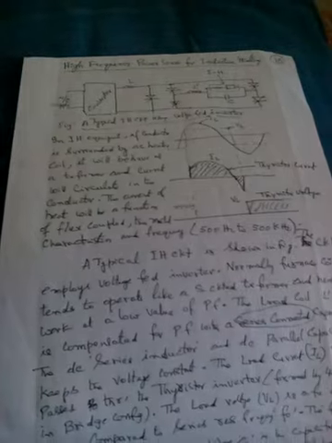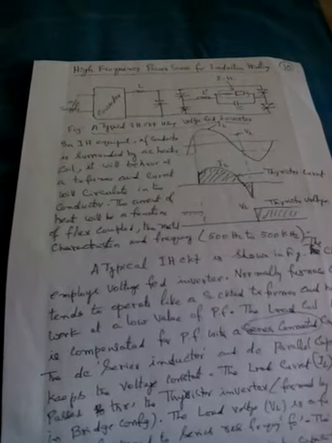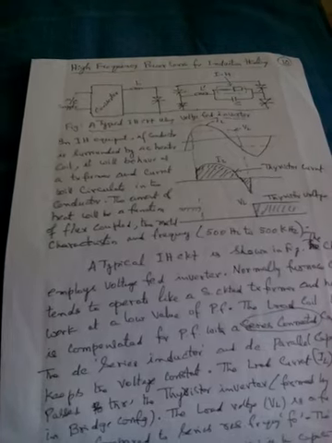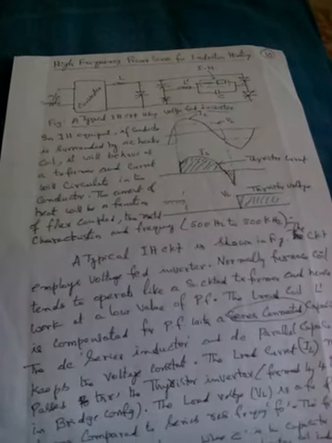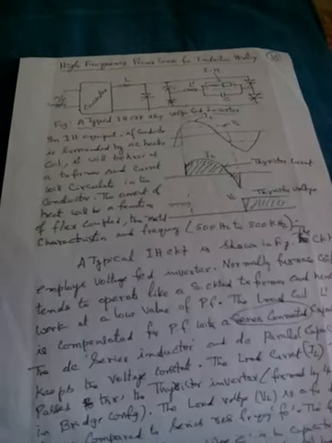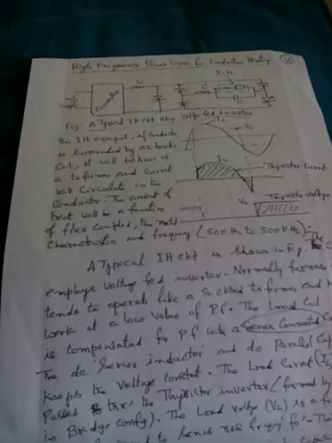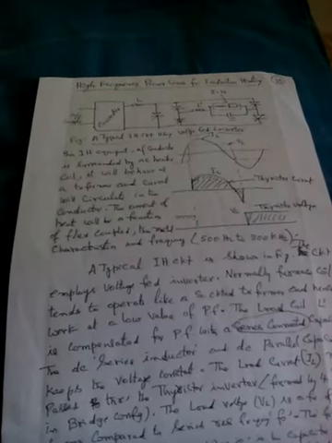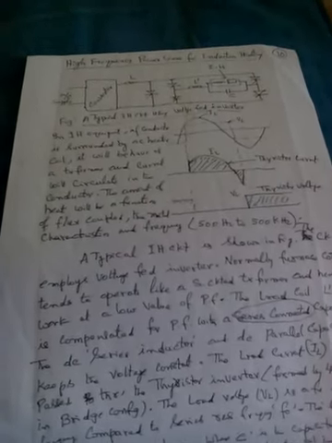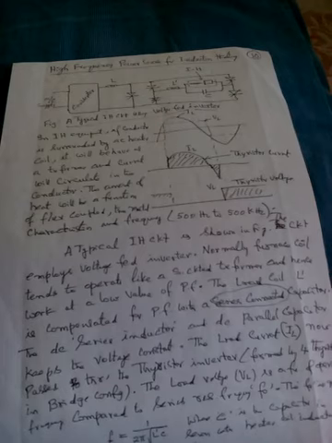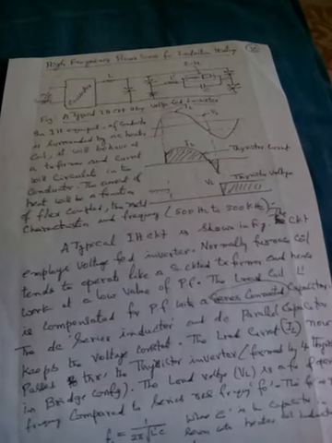Okay. A typical induction heating circuit is shown in the figure. The circuit employs voltage fed inverter. Normally, furnace coil tends to operate like a short-circuited transformer and hence work at lower value of PF. The load coil L dash is compensated for PF with a capacitor. The DC series inductor and DC parallel capacitor keeps the voltage constant.